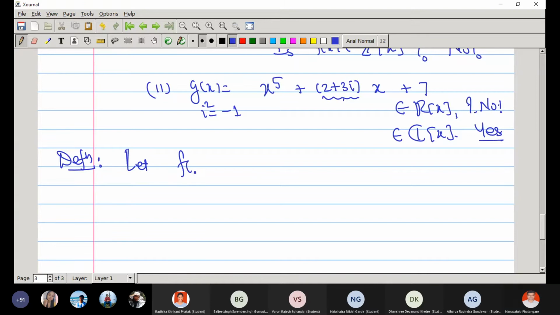Let f(x) is equal to a_n x raised to n plus ... plus a_1 x plus a_0.